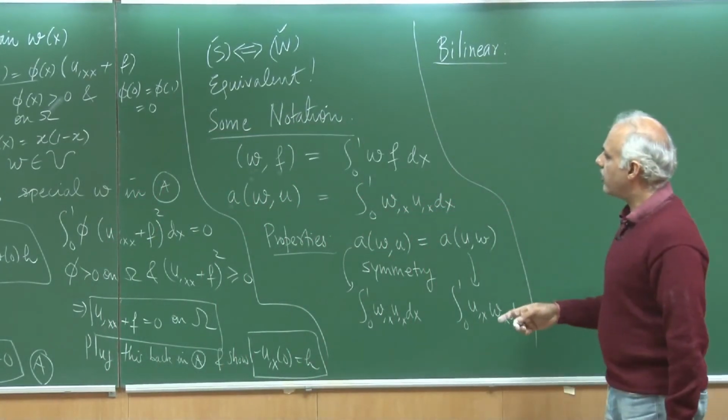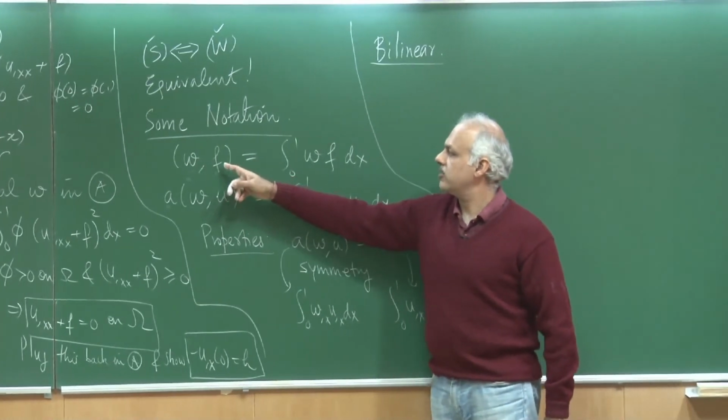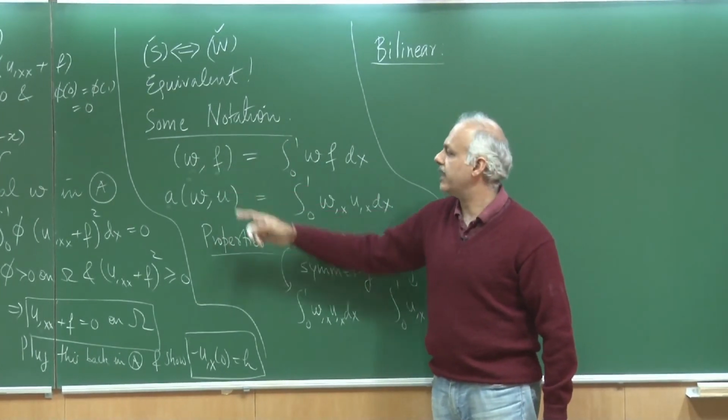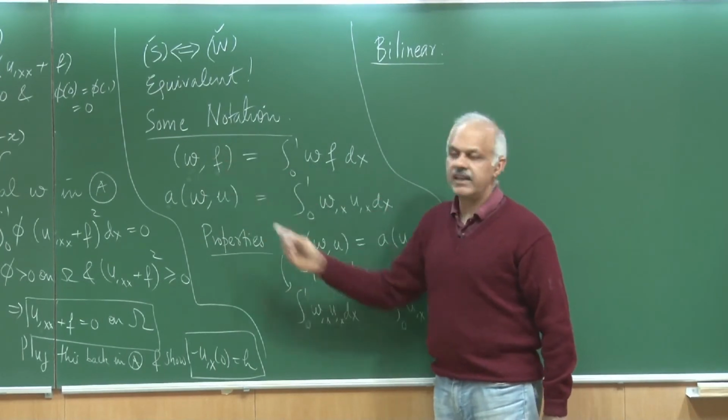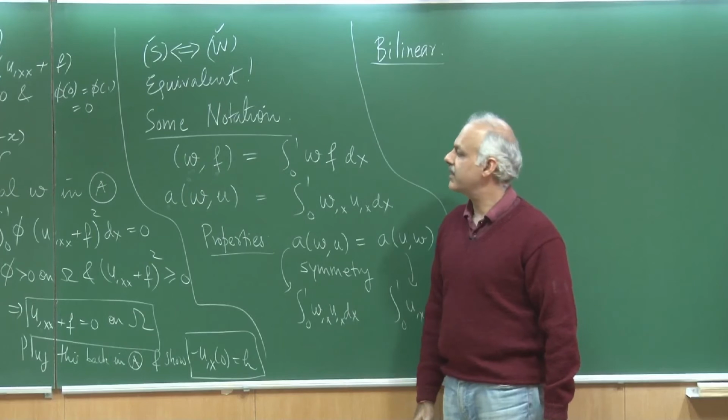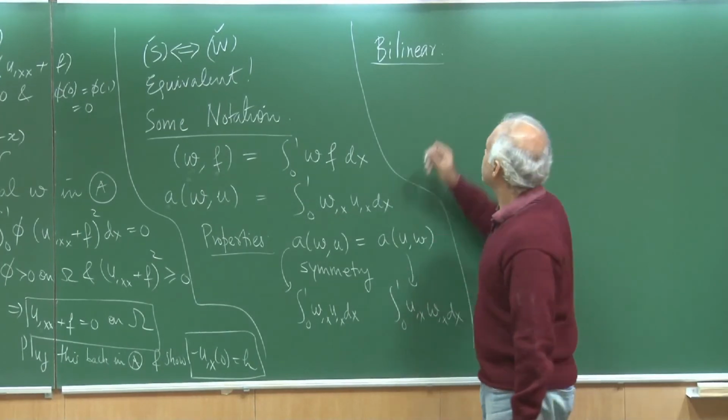Okay, what does bilinear mean? That we have now a functional with two variables W and F, and this operator that we have defined is linear in both slots.